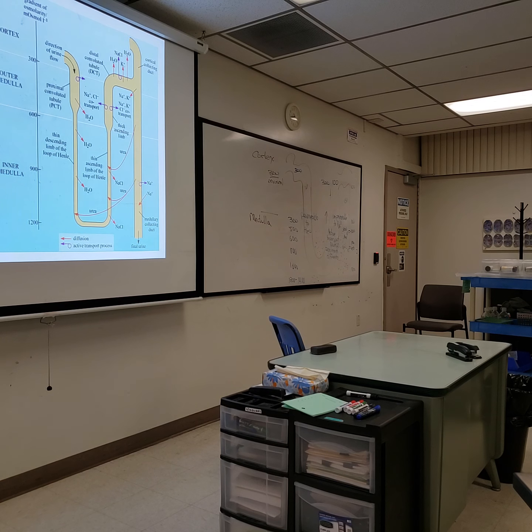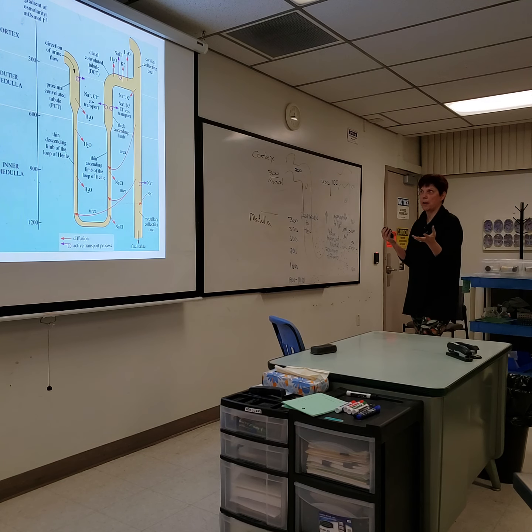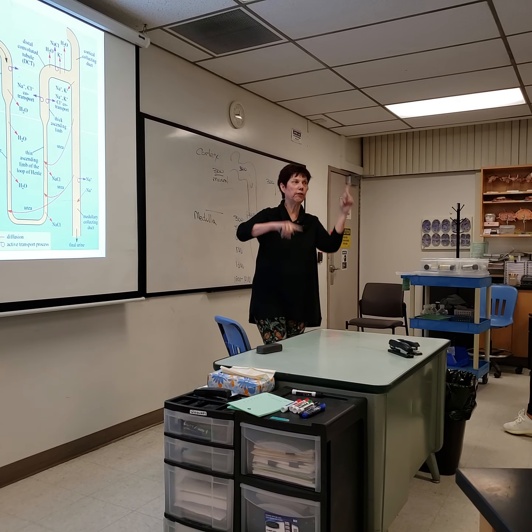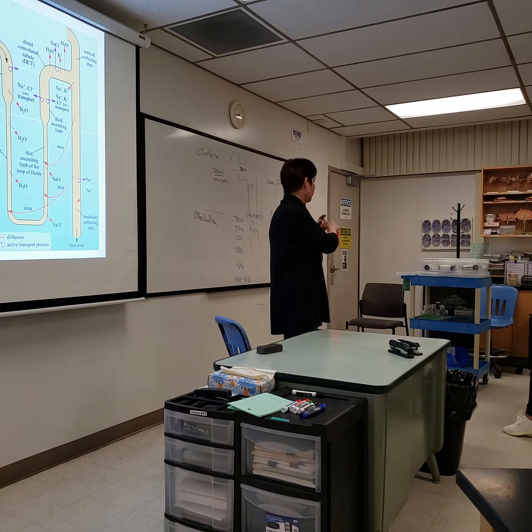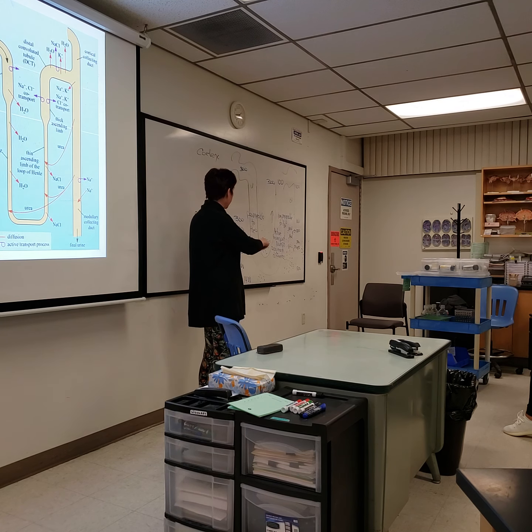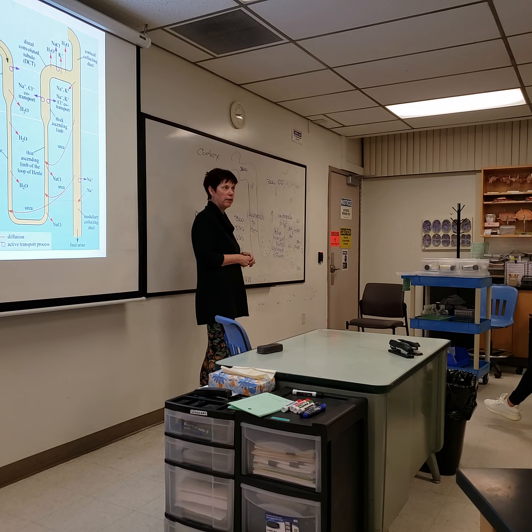Another countercurrent, not a multiplier, but another countercurrent structure. I put my model away. Remember the vasa recta? The vasa recta flow countercurrent to each other and countercurrent to the nephron loop. So when the nephron loop is flowing down, the vasa recta are flowing up right beside it, and the vasa recta are flowing countercurrent to each other.